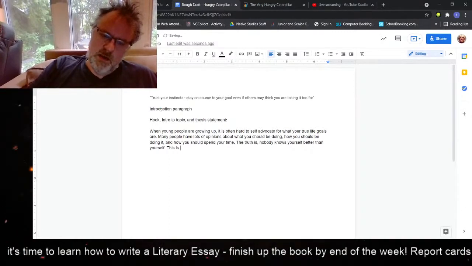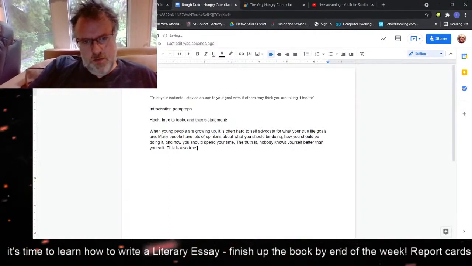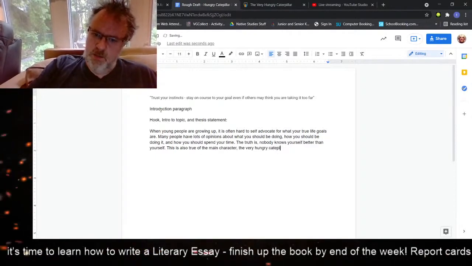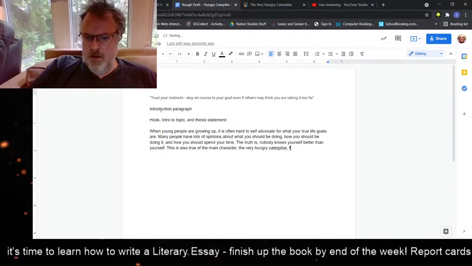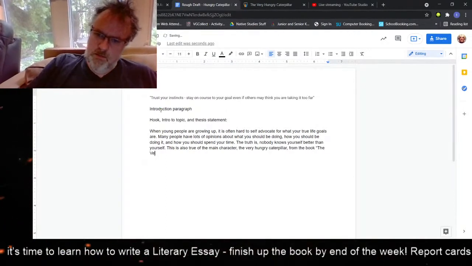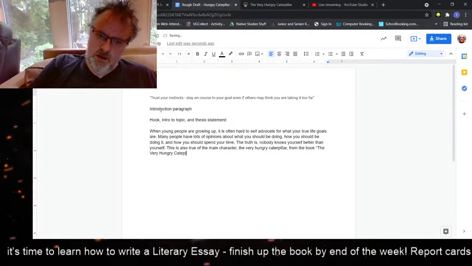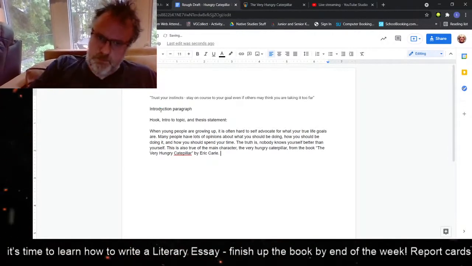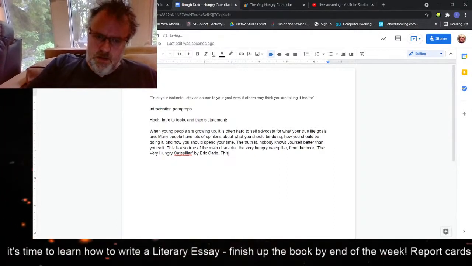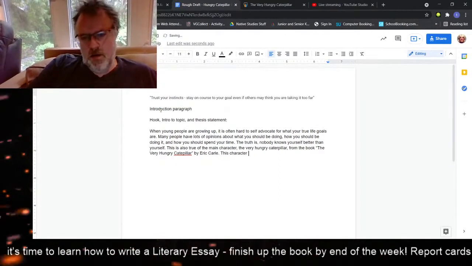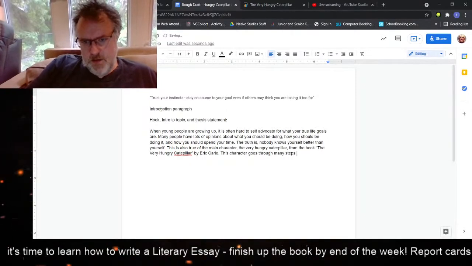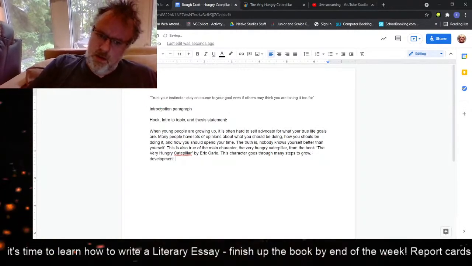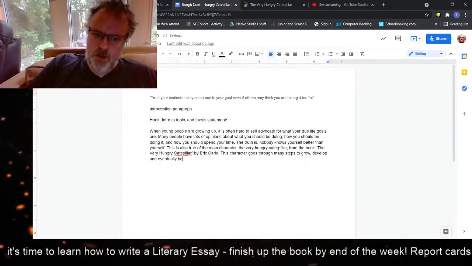This is also true of the main character, the very hungry caterpillar, from the book The Very Hungry Caterpillar by Eric Carle. This character goes through many steps to grow, develop, and eventually become a butterfly.